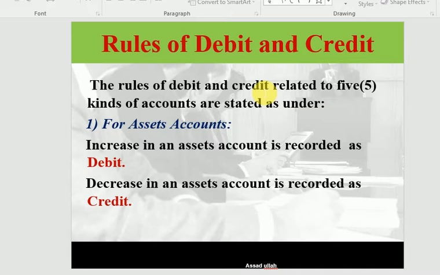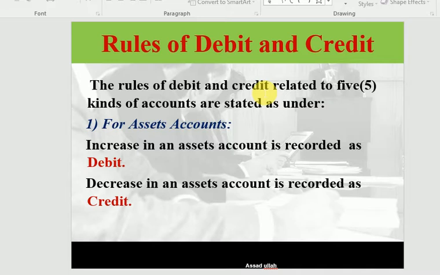Now in financial transactions, in the double entry system, we use the concept of debit and credit. Sometimes in a transaction one account increases and another decreases, or sometimes both accounts increase, sometimes both decrease.